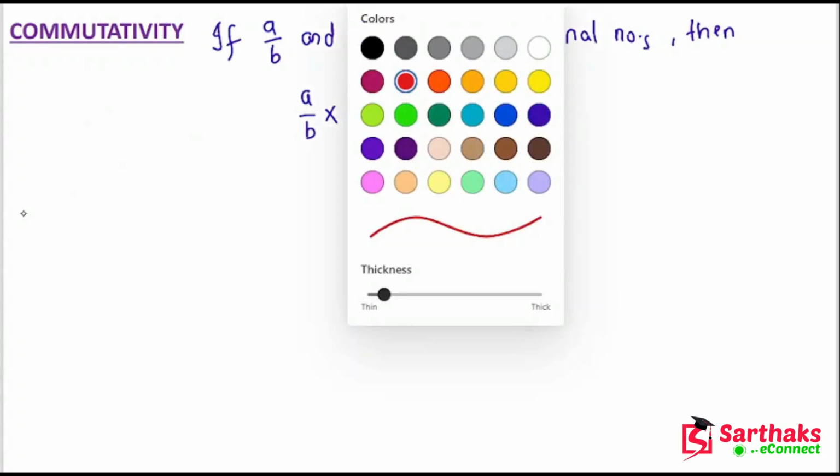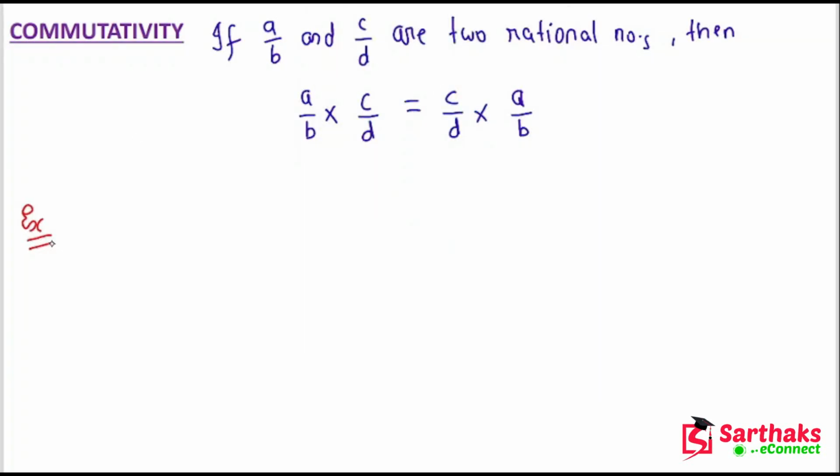Okay, let us multiply 3 upon 4 and 5 upon 7. So in this order we will get 3 into 5 whole upon 4 into 7, that is 15 upon 28.